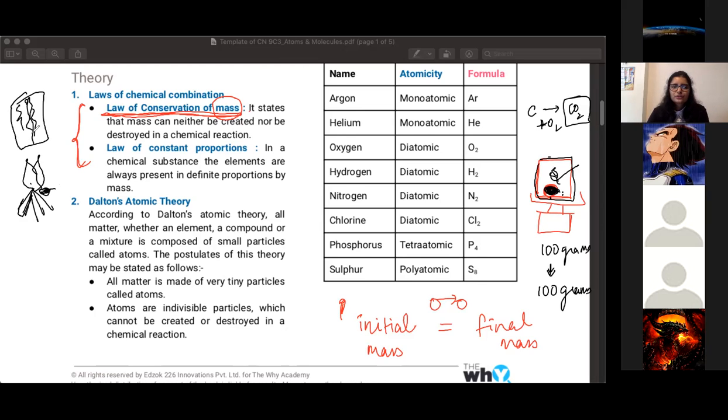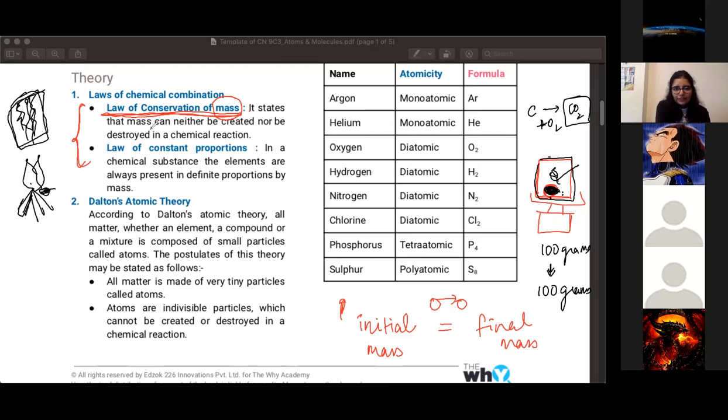Because smoke is also matter, air is matter, right? So this is also matter which has a certain quantity of mass, and ash is also matter that has a certain quantity of mass. So that's how the law of conservation of mass is held up. Matter can neither be created nor destroyed. Mainly, it just turns from one form to the other.